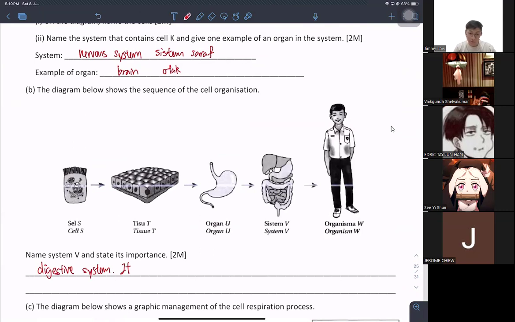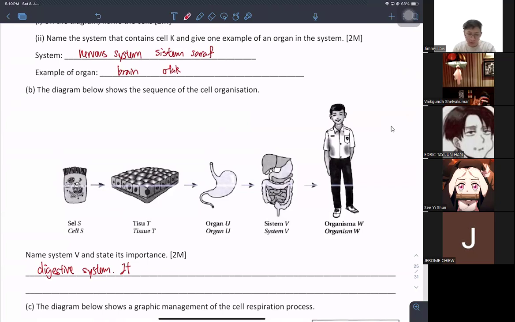But try to avoid something like this, because if your teacher is strict, the teacher can say: digestive system, it helps to digest; respiratory system, it helps you to do respiration. Full stop. It doesn't give any point. Some strict teachers won't accept this kind of answer.